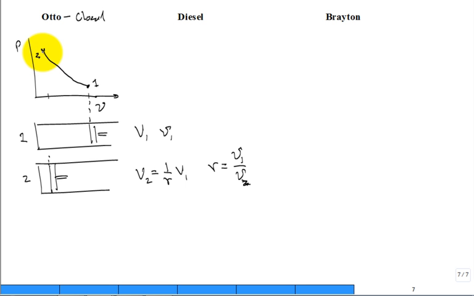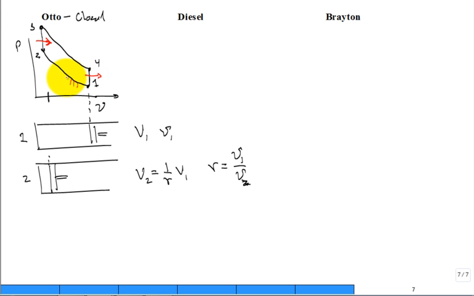So now you're at 2. Typically we have a combustion. We model that as constant volume heat addition to state 3. And then we go through expansion so that we get down to state 4, and then we can do constant volume heat rejection. So the heat transfer comes in during the constant volume heating from 2 to 3 and some of it goes out during the constant volume cooling from 4 to 1.